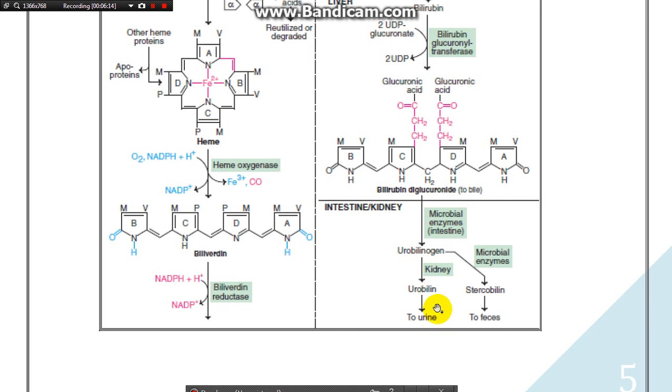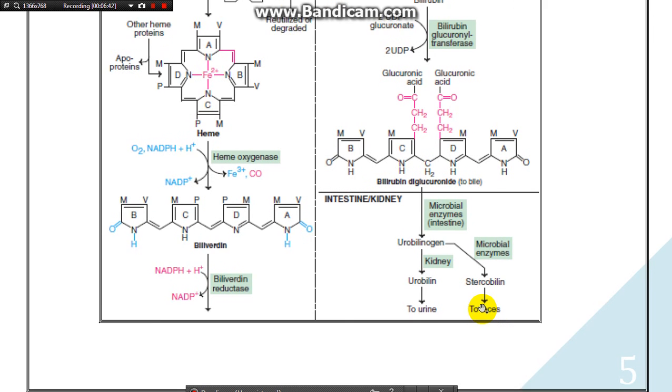Urobilinogen may be released by the kidney and converted, this colorless compound, to urobilin in the blood and released outside to urine and excreted by the kidney. But apart from this, the compound is converted to stercobilin, which gives the feces the brown color.